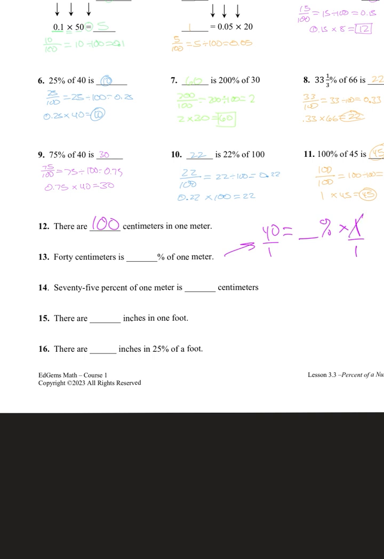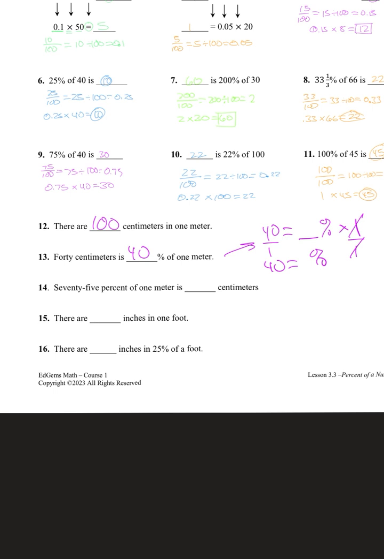Dividing by 1 cancels out. So it's going to be 40 divided by 1, the same thing as 40. And since we solved that, 40 is the percent that we're looking for. So 40 centimeters is 40% of 1 meter. I know, it's pretty simple. It's kind of deceptively simple, I guess, on that one.